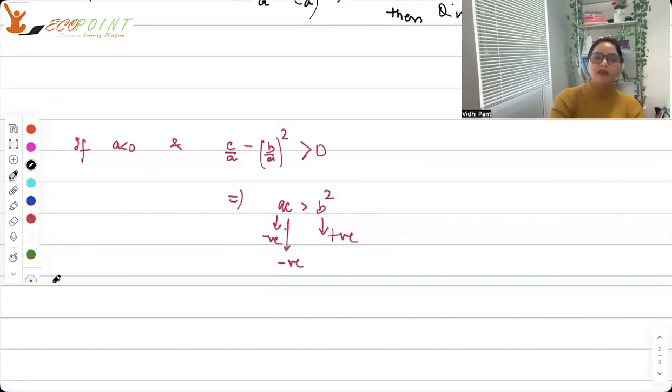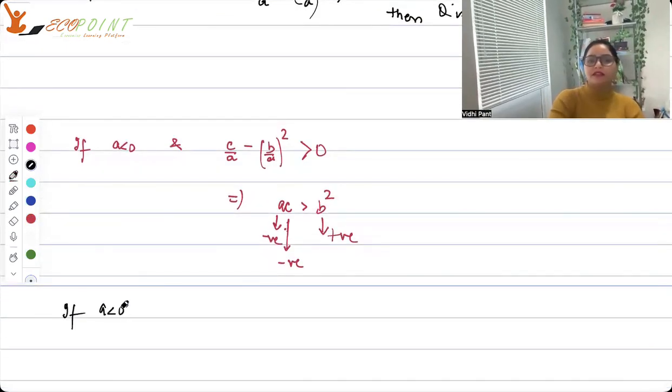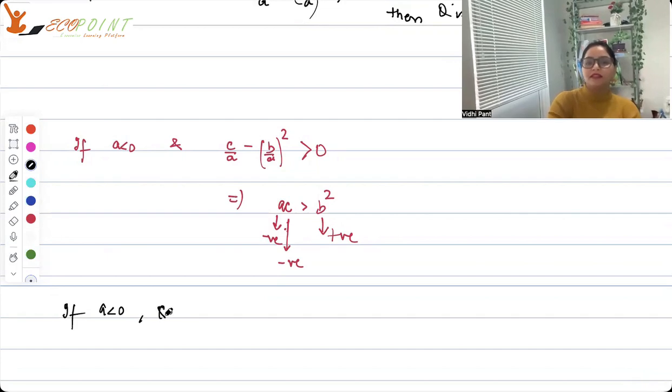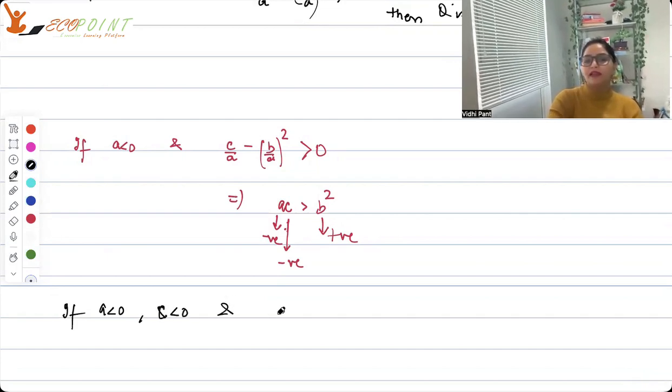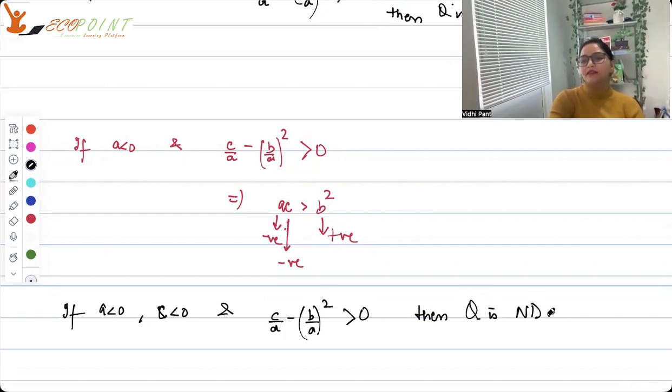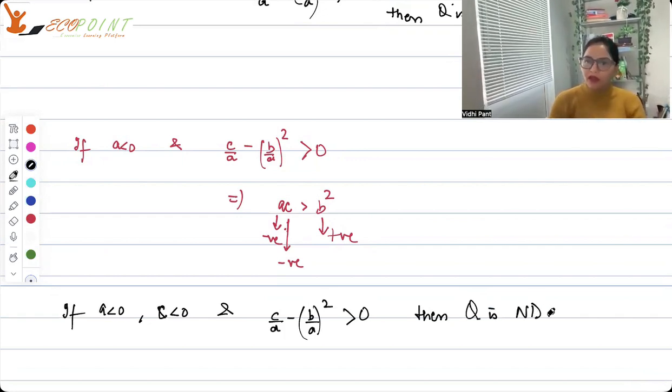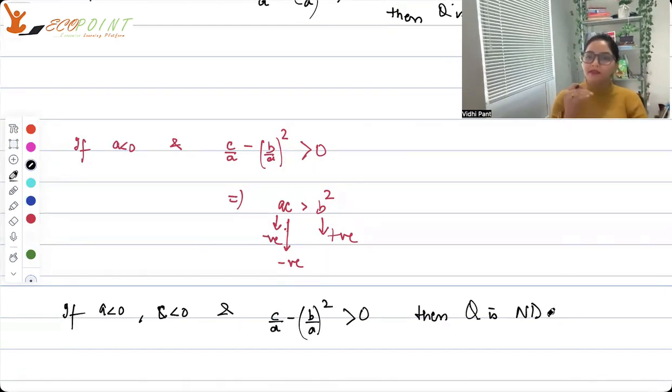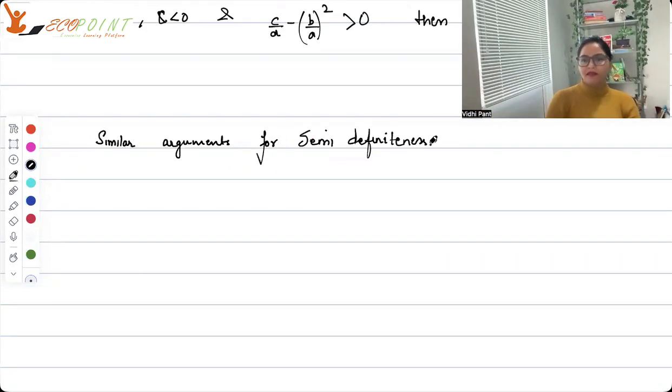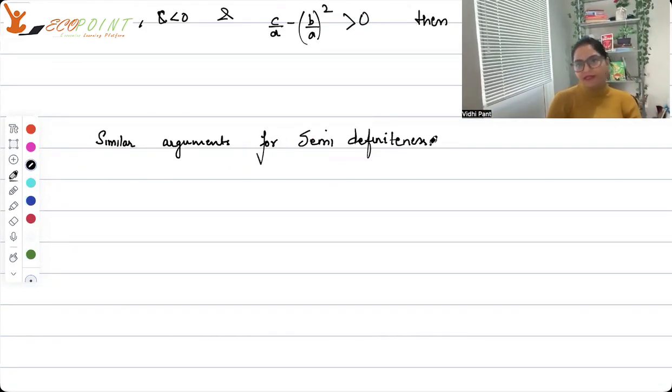So therefore, if a is less than 0, c is less than 0 as well, and c by a minus (b by a) square is greater than 0, then Q is negative definite. Similar arguments are for positive semi-definite, negative semi-definite. All you will have to do is just include equality as well. Okay? I hope this concept for two variable is clear to you guys.